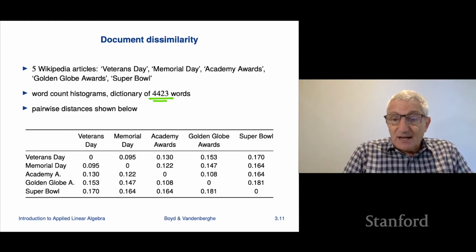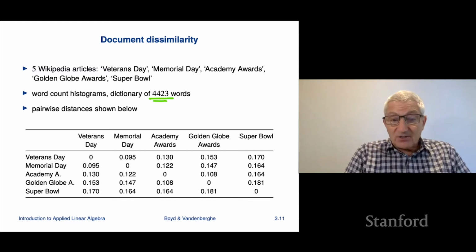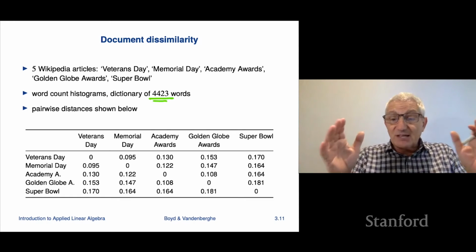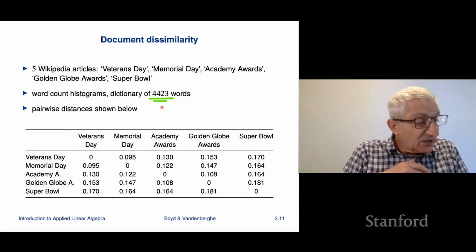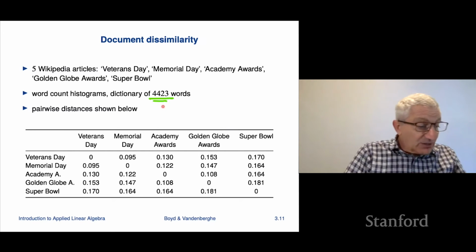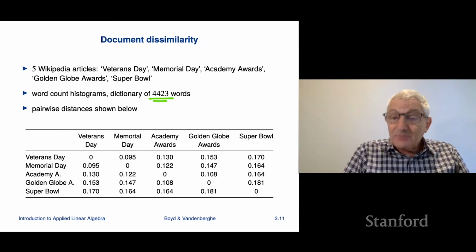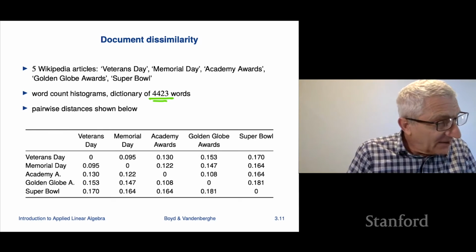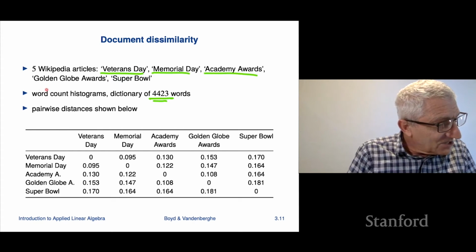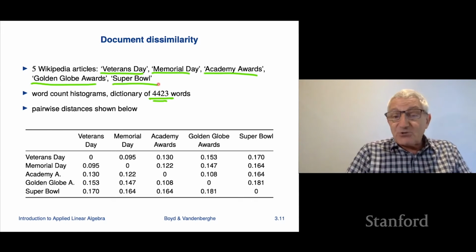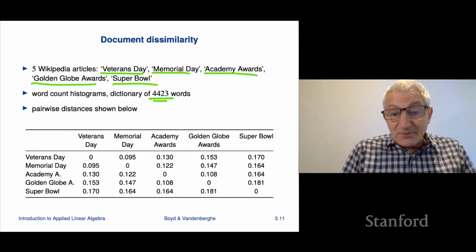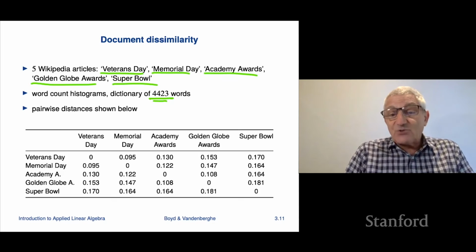Then for each of these 5 Wikipedia articles, we take the entire article and count the number of words in our dictionary that appear in each of those. So I don't know what the first entry in my dictionary is, but I guarantee you that I have 5 vectors corresponding to these Wikipedia pages, and the first entry tells you how many times that first dictionary word appeared in those articles.